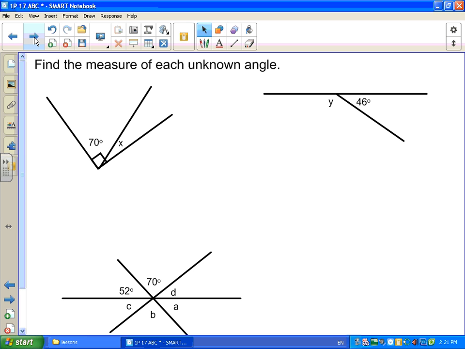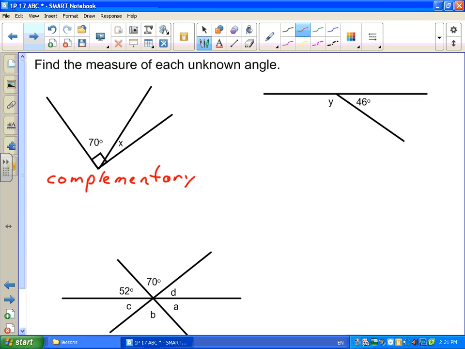What do they have to add up to? They have to add up to 90 degrees because they are what kind of angles? They are complementary. So if they have to add up to 90 degrees, how can we figure out what x is going to be? So x, 90 minus 70 degrees, is going to be 20 degrees.